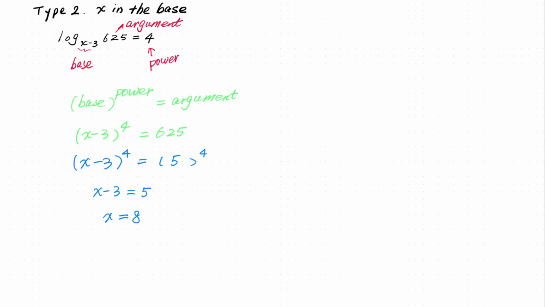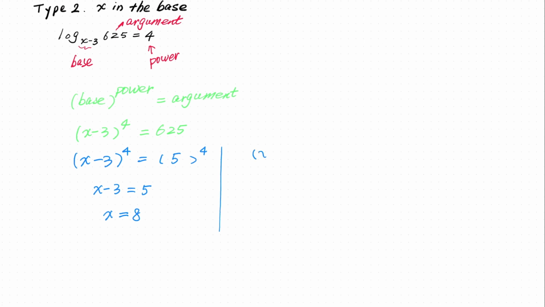Another way of finding x is to raise both sides of the equation to the power of 1 over 4. We raise the left side to the power of 1 over 4, and we raise the right side of this equation to the power of 1 over 4.